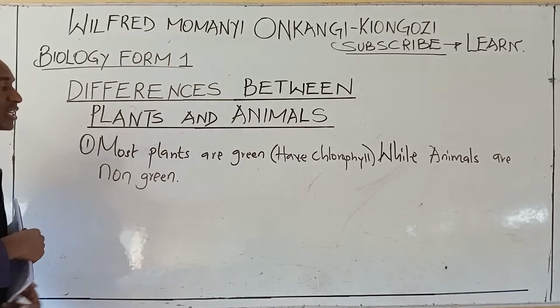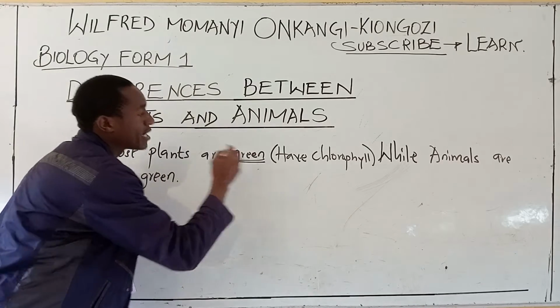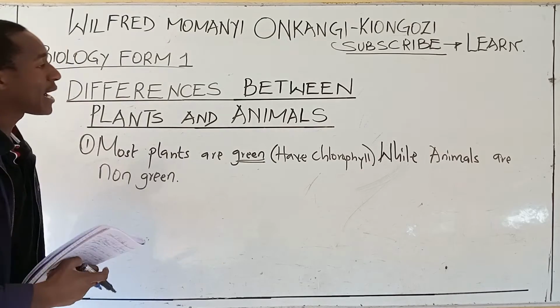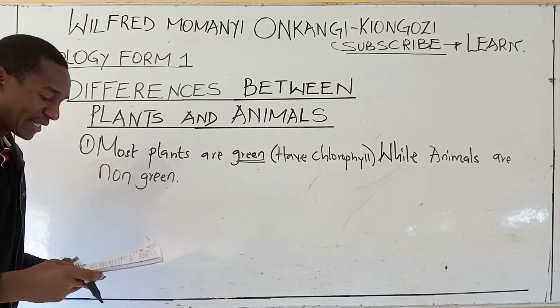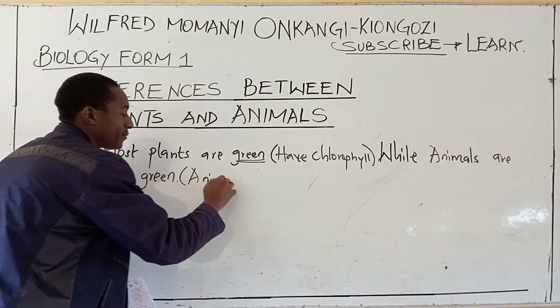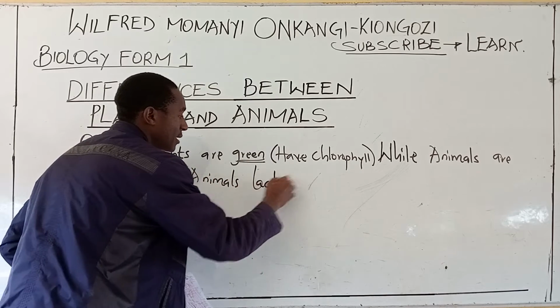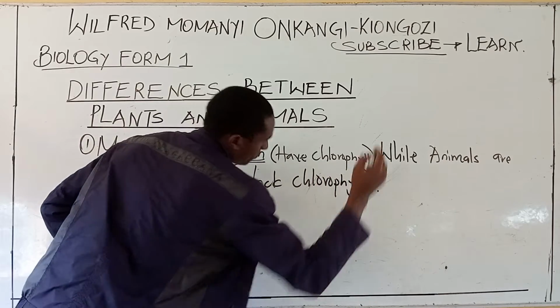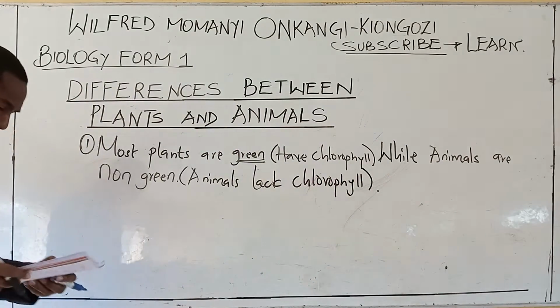So in this case, we are talking about the green coloring matter, which is chlorophyll, that is used for photosynthesis. Animals are non-green. That means animals lack chlorophyll. That is the first difference.